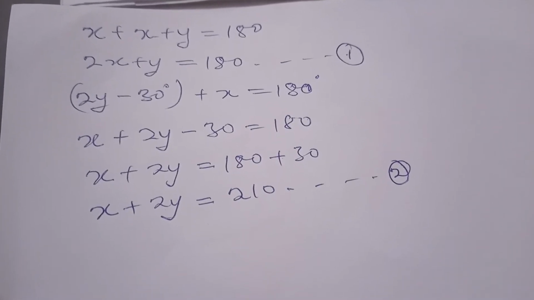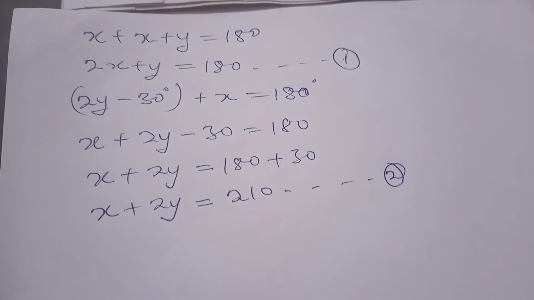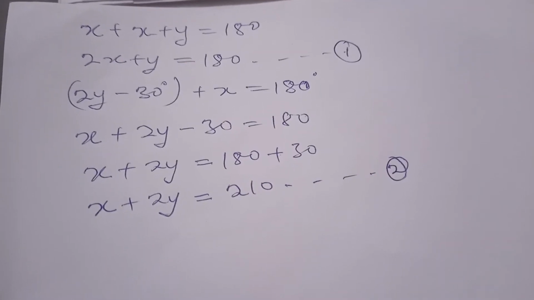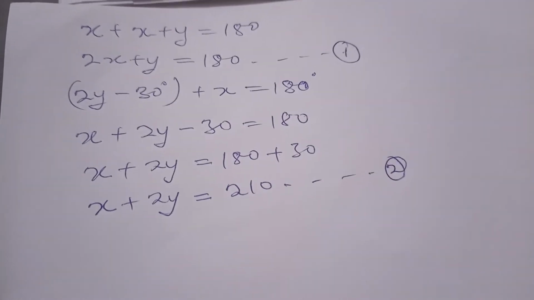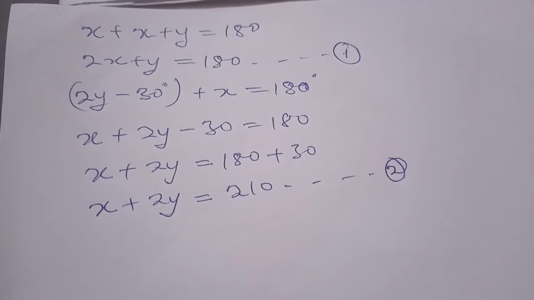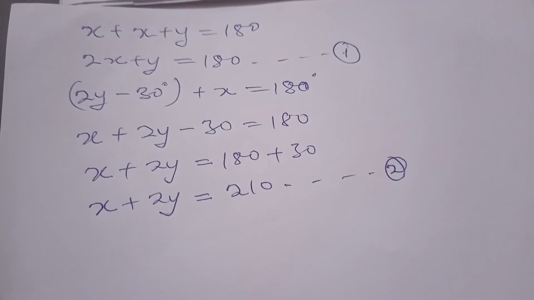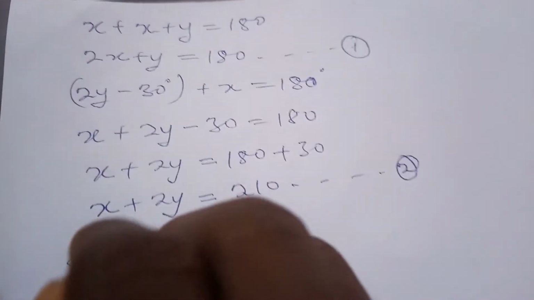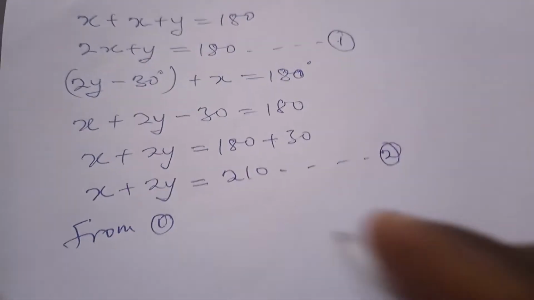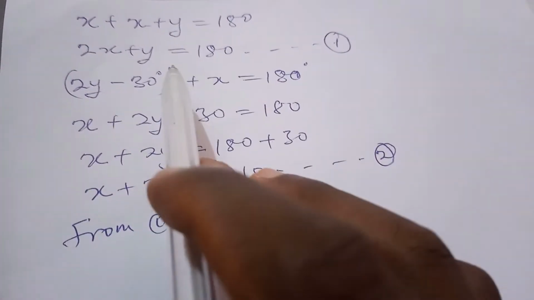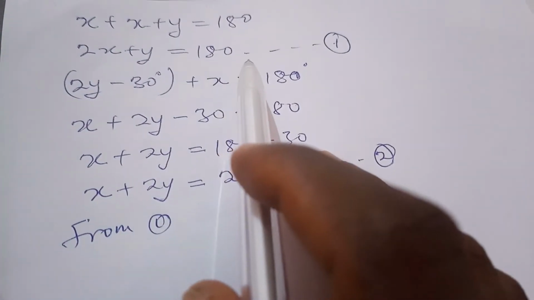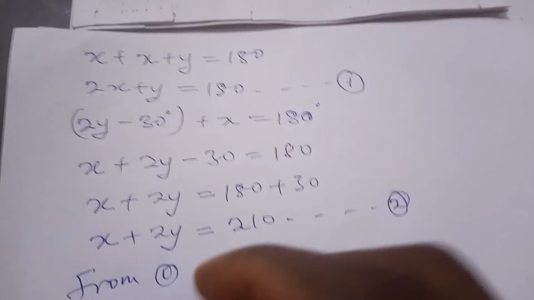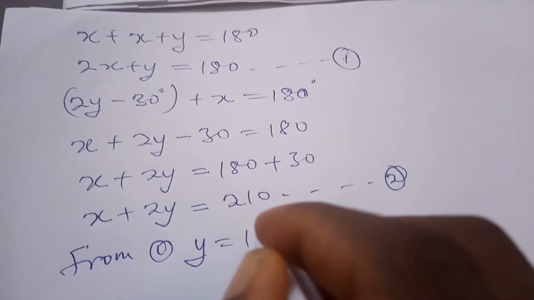So I will make y the subject of equation 1 and then substitute it into equation 2. That eliminates y automatically. We are left with x and we solve. So from equation 1, y will be equal to 180 minus 2x.